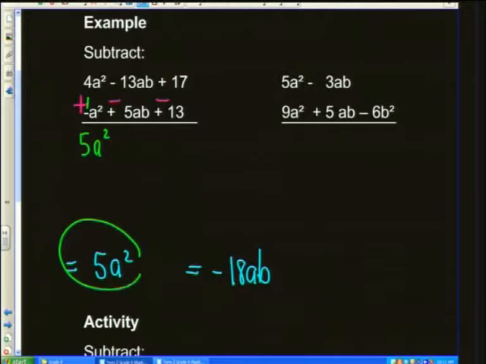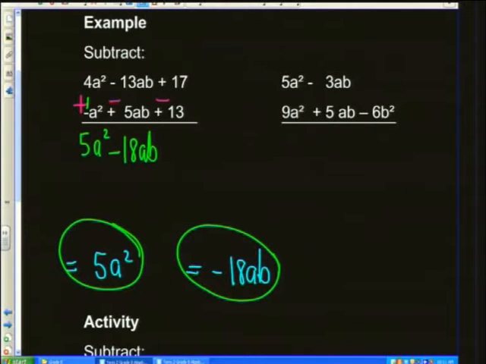Exactly the same. Negative 13ab minus 5ab is minus 18ab. Exactly the same. And now I have 17 minus 13, which will give me positive 4.